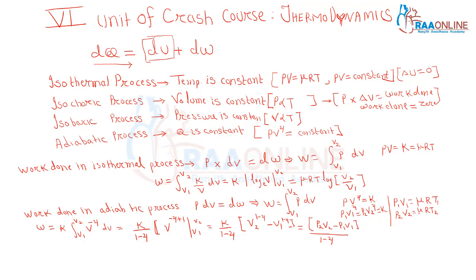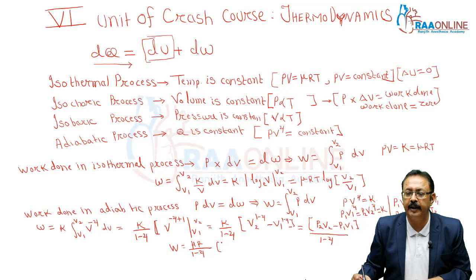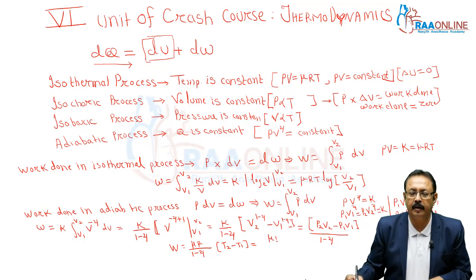But what is PV? PV is equal to mu RT. So we are getting work done is equal to, take mu R common, mu R upon 1 minus gamma. In place of P2 V2, we write mu R T2. So inside we have T2 minus T1. So we can write it mu R upon gamma minus 1, take minus sign common, into T1 minus T2.